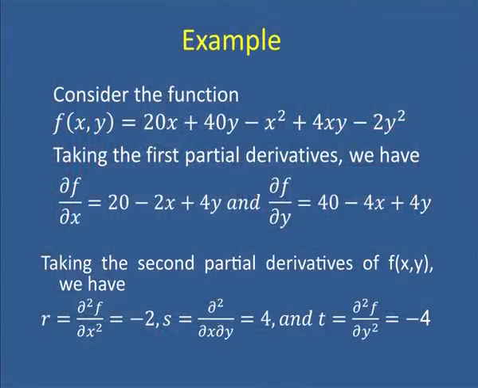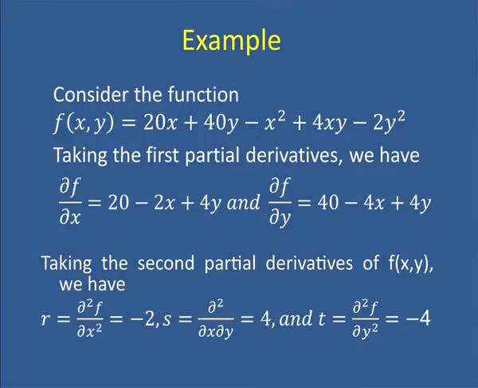consider the function f x y is equal to 20x plus 40y minus x square plus 4xy minus 2y square. Taking the first order partial derivatives, we have del f over del x is equal to 20 minus 2x plus 4y and del f over del y is equal to 40 minus 4x plus 4y.